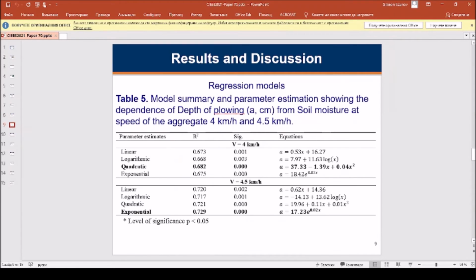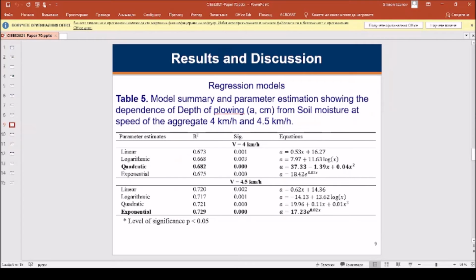Result and discussion. Table 5 presents the regression equations showing the effect of soil moisture on plowing depth at unit speeds of 4 and 4.5 km per hour. At a speed of 4 km per hour, all regression models are statistically significant at p less than 0.05.